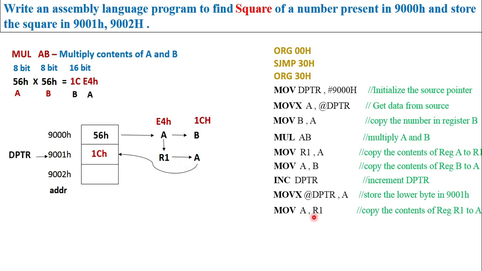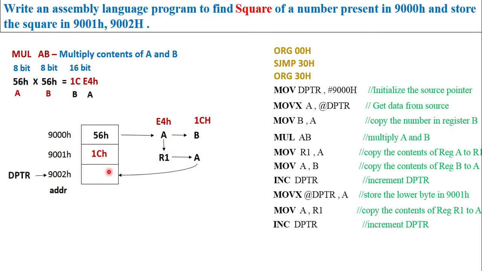Once this is done, we now can store the content, but before storing it is essential that the DPTR is incremented to the next location. So we write INC DPTR here. Once the INC DPTR is written, DPTR is now pointing to 9002. So now we can store the contents of accumulator, which is E4, into 9002.